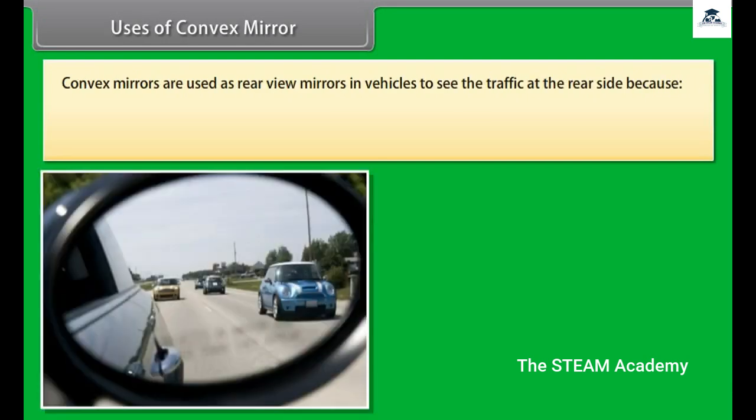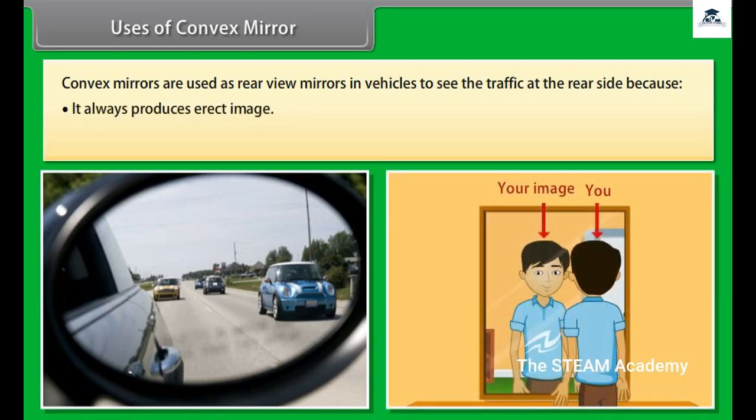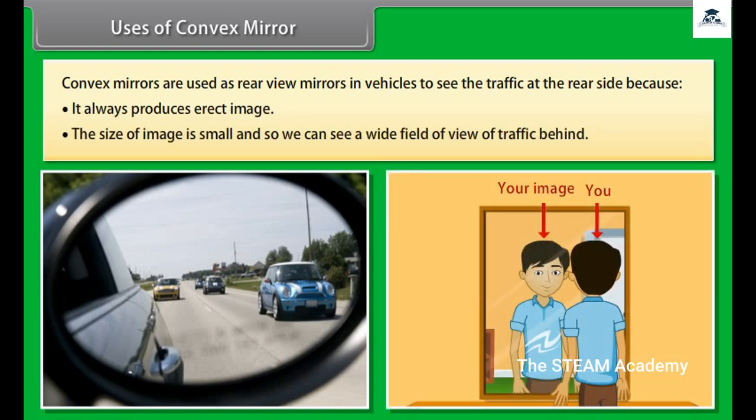Uses of convex mirror. Convex mirrors are used as rear view mirrors in vehicles to see the traffic at the rear side because they always produce an erect image. The size of the image is small, so we can see a wide field of view of traffic behind. Mirror formula and calculations.